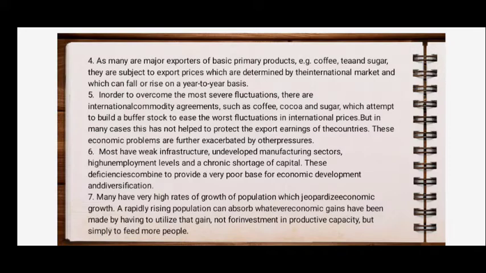These economic problems are further exacerbated by other pressures. Number six, most have weak infrastructure and undeveloped manufacturing sectors, high unemployment levels, and a chronic shortage of capital. These combine to provide a very poor base for economic development and diversification.